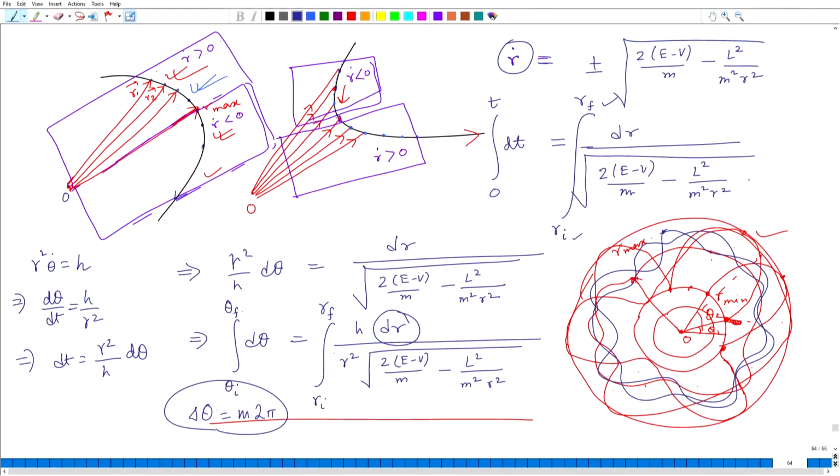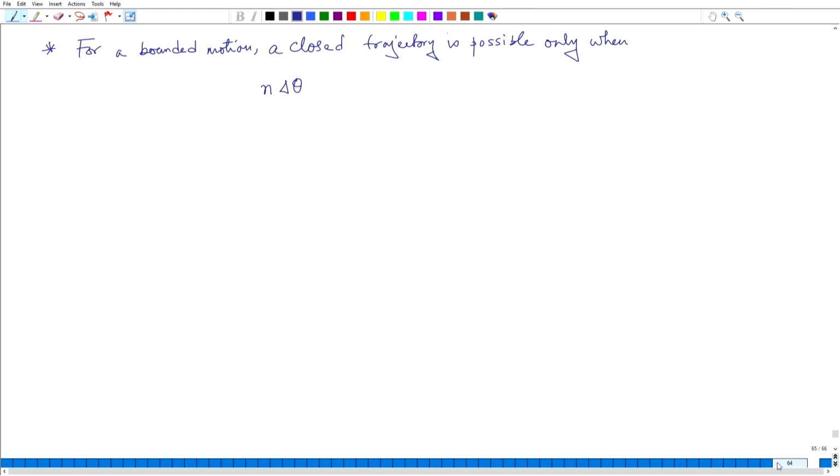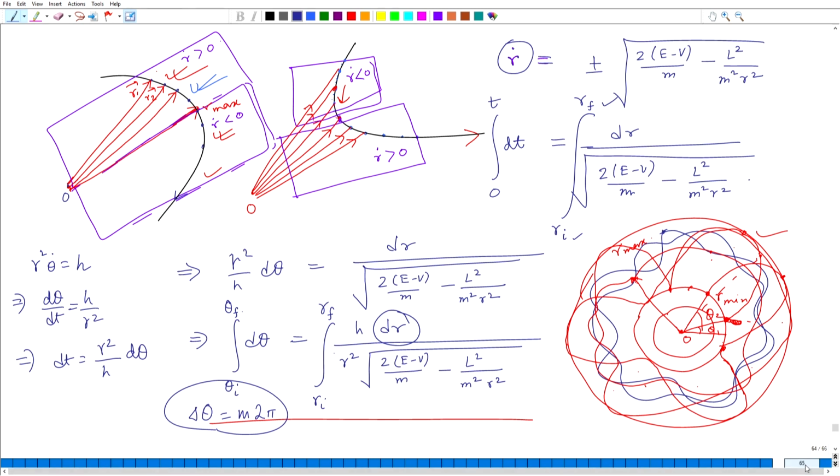There is a beautiful theorem in central forces called Bertrand's theorem, and Bertrand's theorem basically says that for a bounded motion, a closed trajectory is possible only when, of course, this is completely coming from your common sense as well, n times delta theta, I am just writing it, you can simply say that I have calculated this delta theta n times, to be on the safe side.